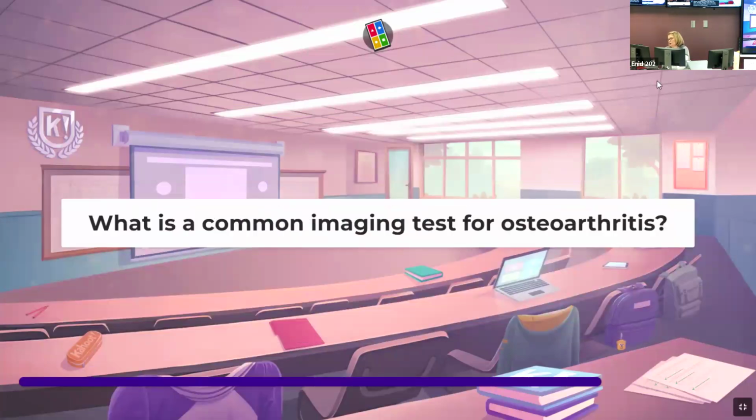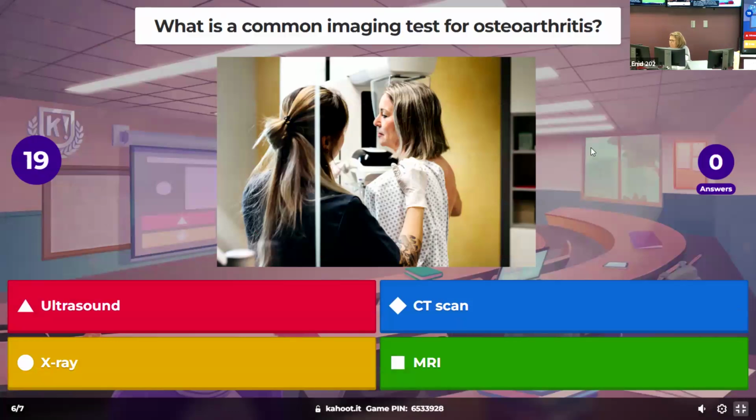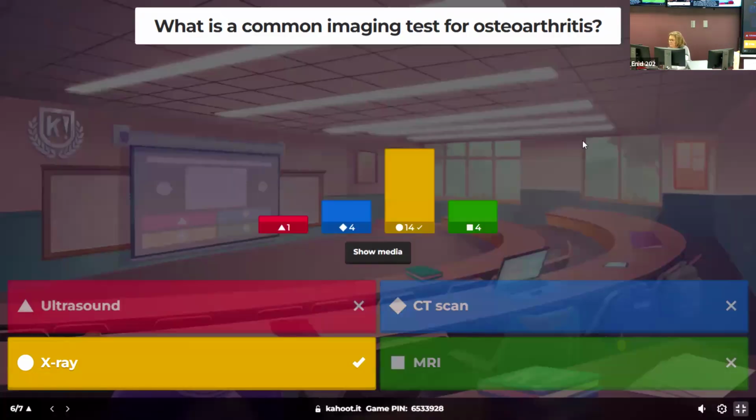Common imaging test for osteoarthritis. MRI. Yes, just a regular old X-ray. That's the most common way to find it.